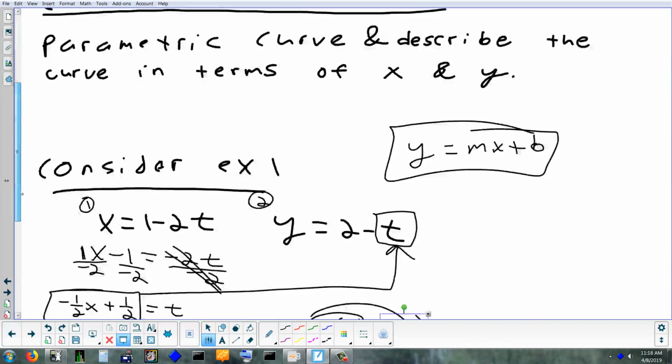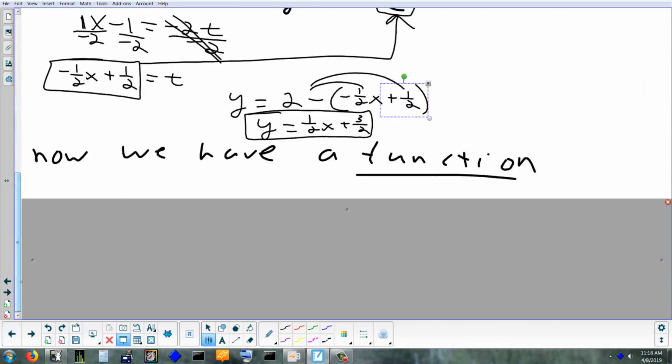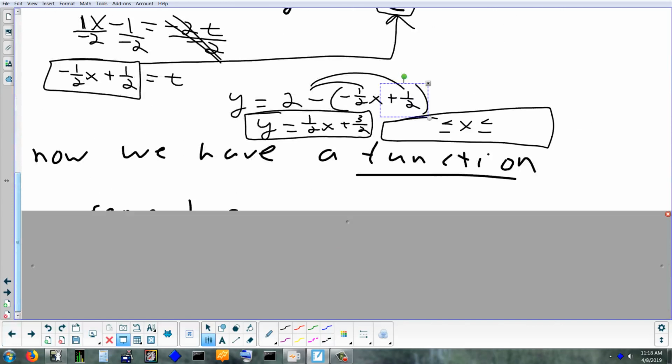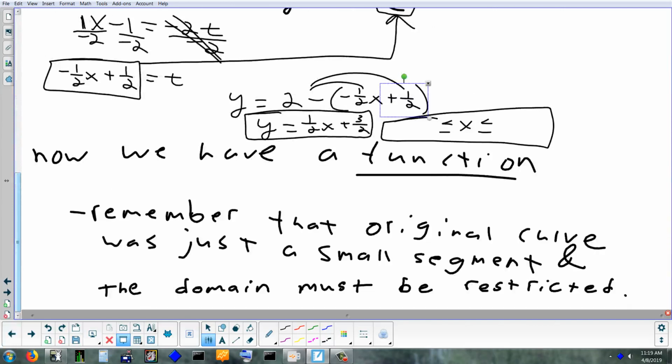So what you have to remember is once you eliminate the parameter, you need to tell me what to draw, from where to where. Remember the original parametric thing that you drew was just a small section. So we have to restrict the domain.